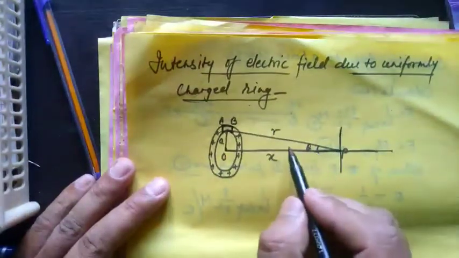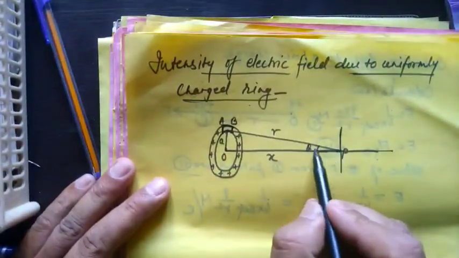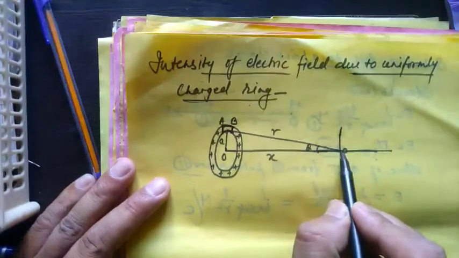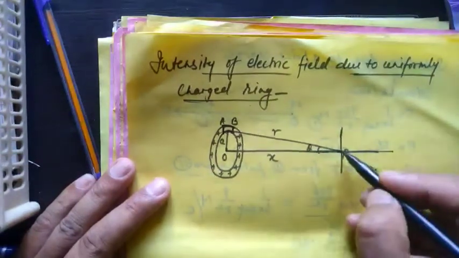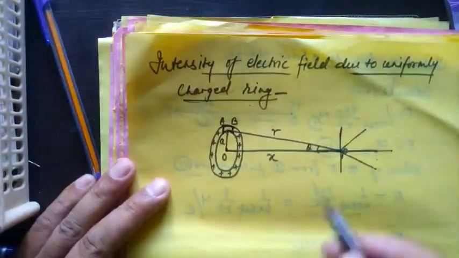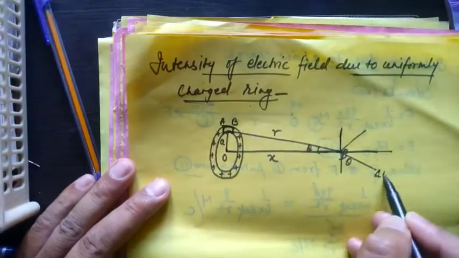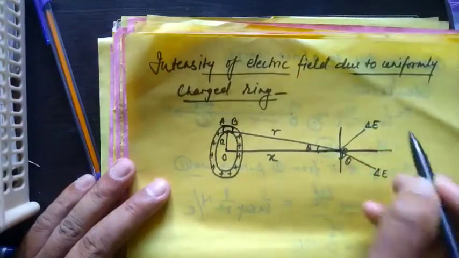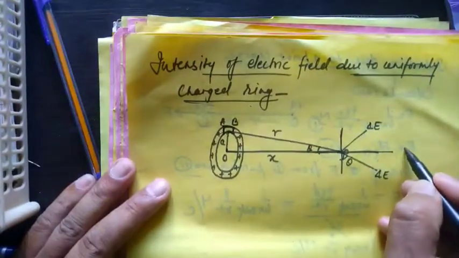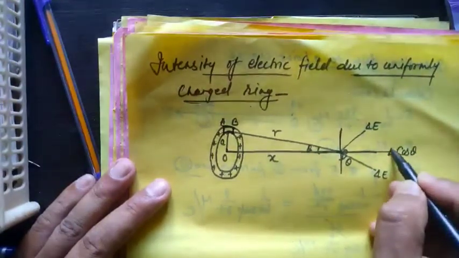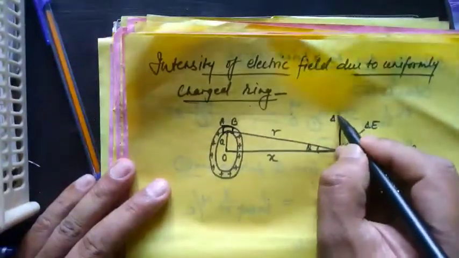If we extend this line outward, then this angle is equal, this is delta E, this is delta E. The horizontal component is cos theta and the vertical component is sin theta.